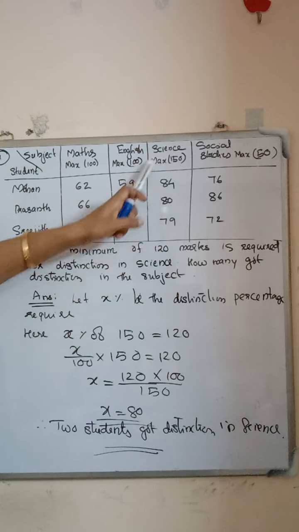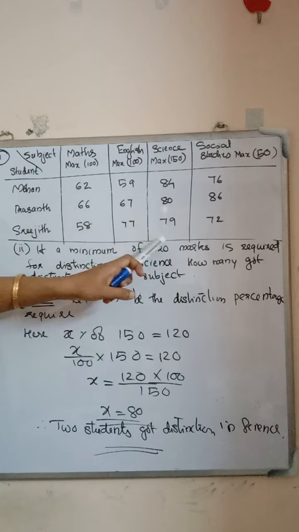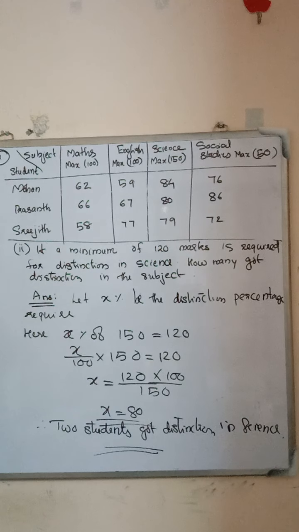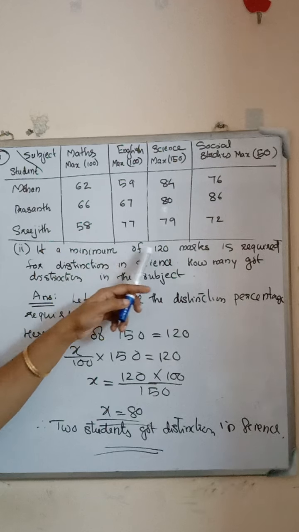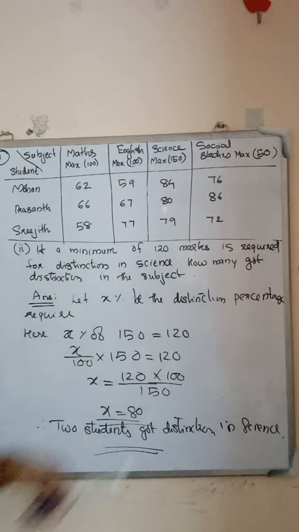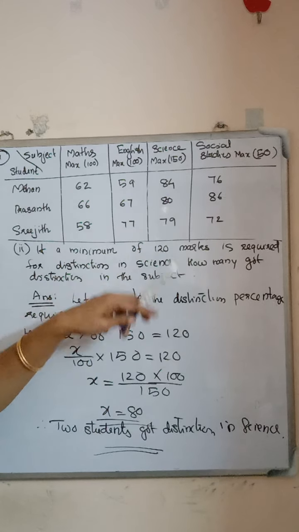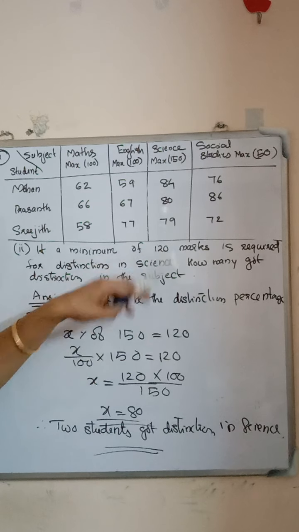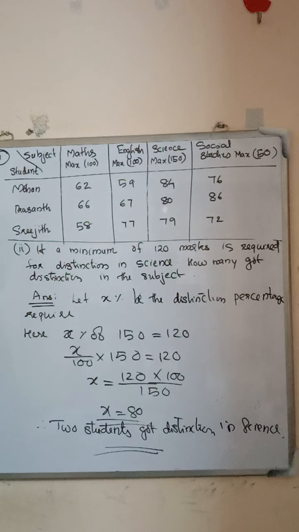Here the marks percentages are given, but in the question, the minimum requirement for the distinction is 120 marks. So we convert the marks into percentage, then only we can identify how many students got distinction.